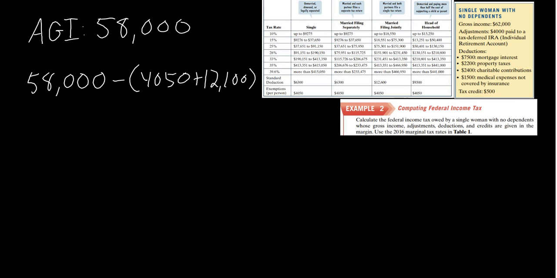But we also get a tax credit of $500. We're not going to touch that just yet because that's a tax credit that I'm going to add on to the very end.